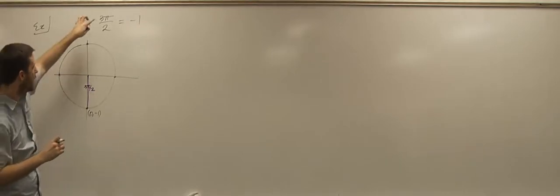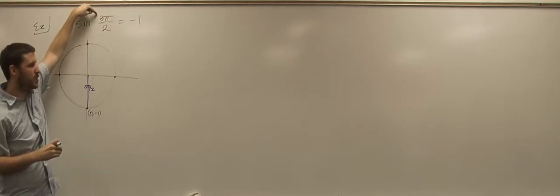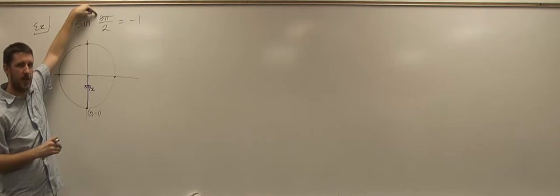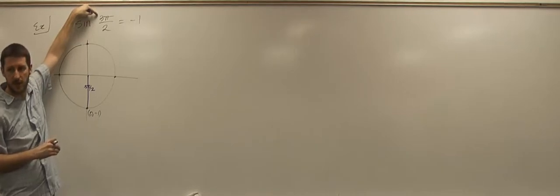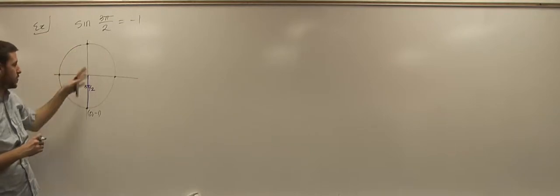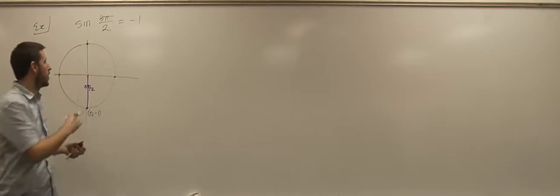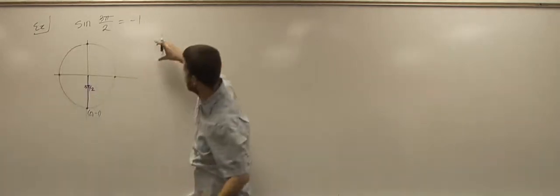So what happens, especially in later math, the books tend to use these multiple of pi over 2 angles because they're so easy to evaluate. Most people could evaluate these without doing much work or without having to remember much. So hopefully you understand what I'm saying here.